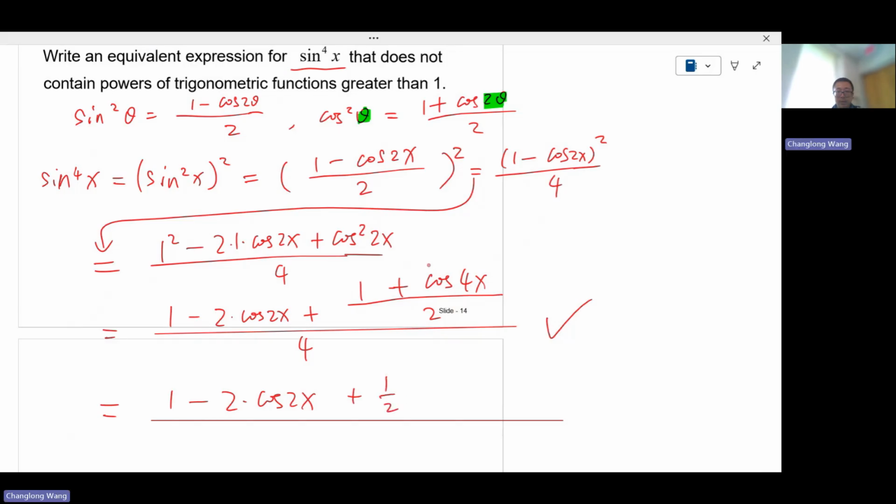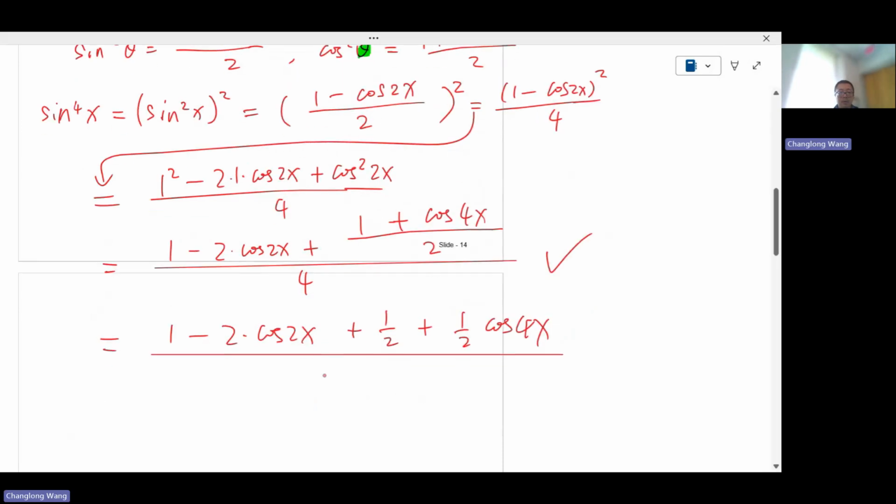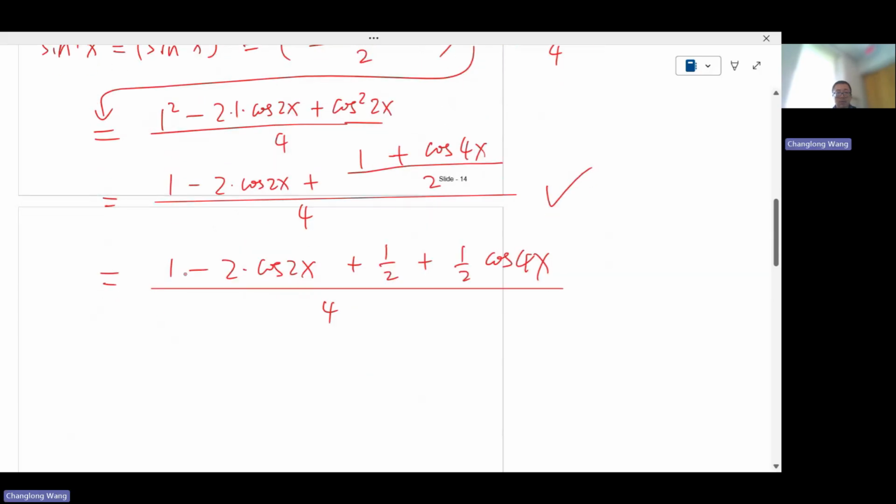And the second term is going to be cosine 4x over 2. We know that there's a 1 in front of the cosine 4x. It'll be 1/2 cosine 4x. This is just like the distributive property of division. So everything's over 4. But I hope that you can combine 1 and 1/2. That would be 3/2.